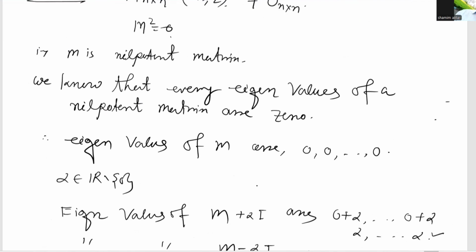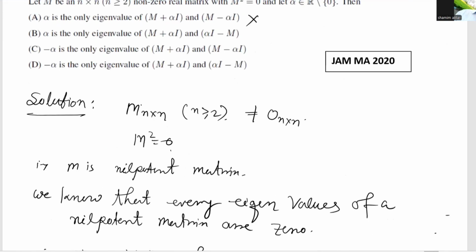So here alpha is the only eigenvalue of M plus alpha I and alpha I minus M, that is true, okay. Now similarly option C is false, because M plus alpha I eigenvalues are alpha, and similarly D is false. So the answer of the question is B, okay.